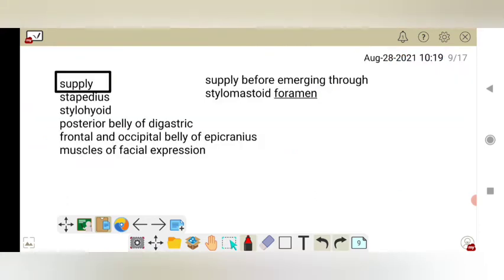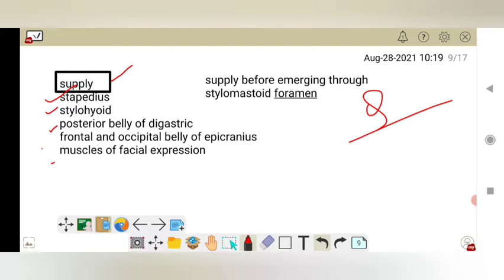Now, these motor fibers supply all the muscles which are derived from the second branchial arch, basically stapedius, stylohyoid, posterior belly of digastric, frontal and occipital belly of epicranius, and muscles of facial expression. Now, one question arises: which muscle is supplied before emerging through the stylomastoid foramen?